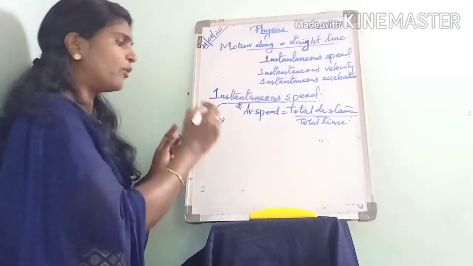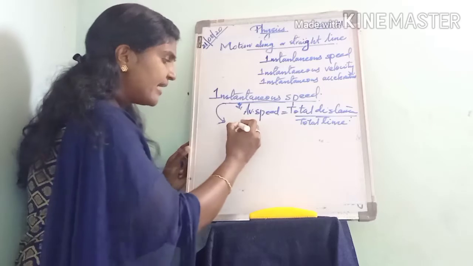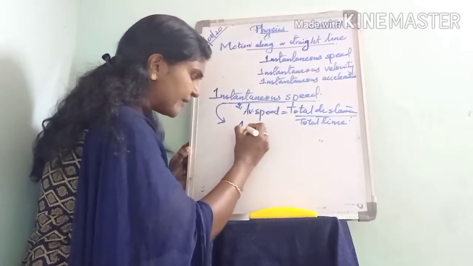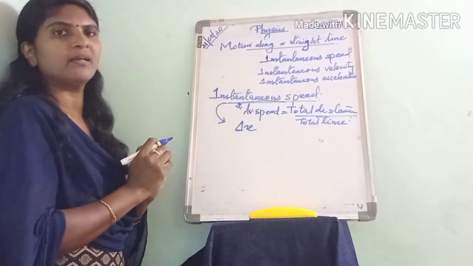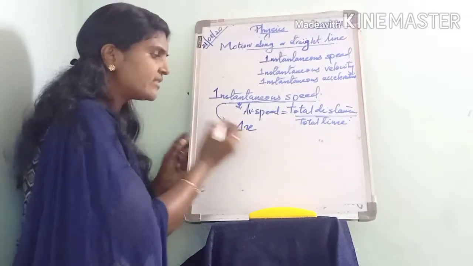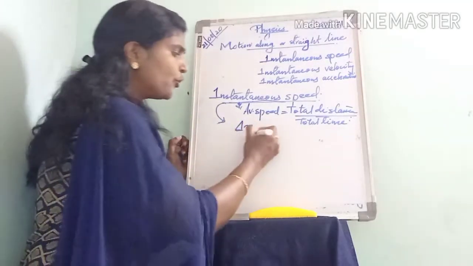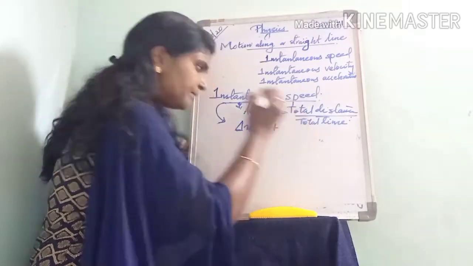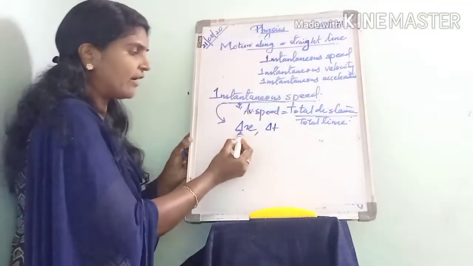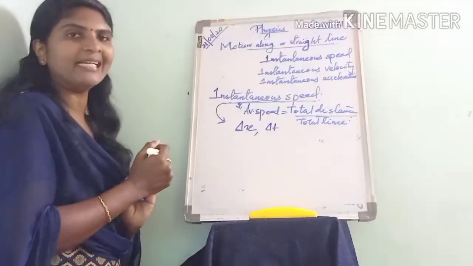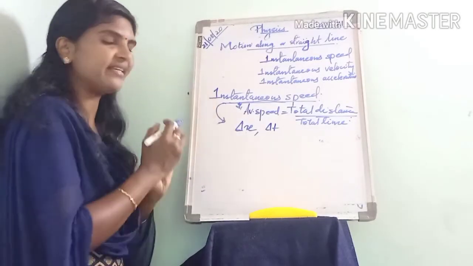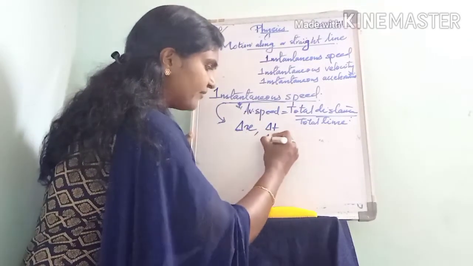Suppose an object covers a distance of delta x during the time interval delta t. What is the average speed?